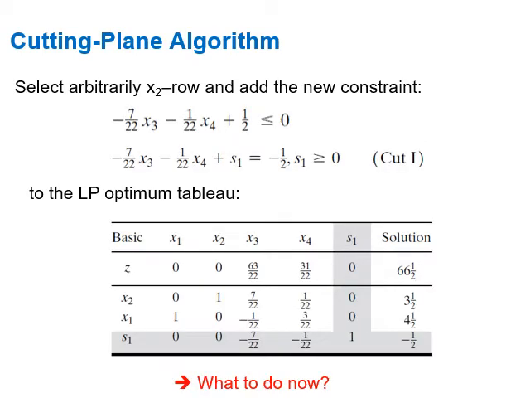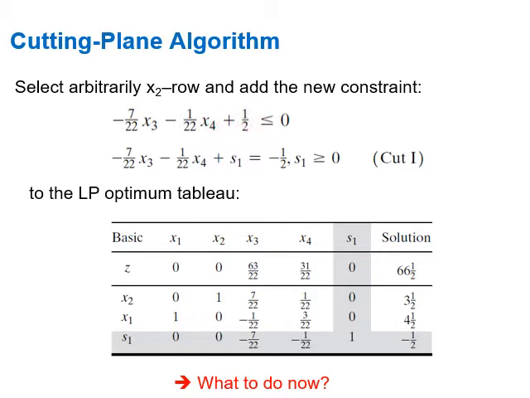Now let's consider that optimal tableau. From that optimal tableau, by looking at the x2 row, which is this row here, we can write our cut as minus 7 over 22 x3 minus 1 over 22 x4 plus 1 over 2 less than or equal to 0.